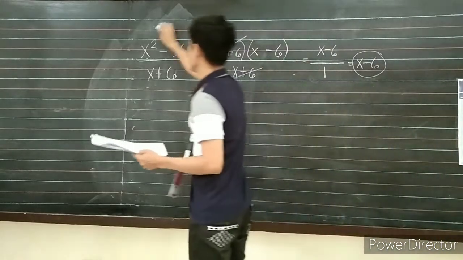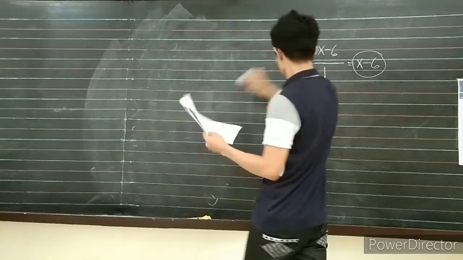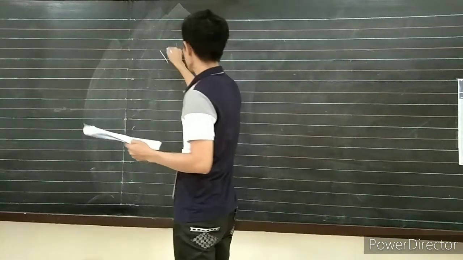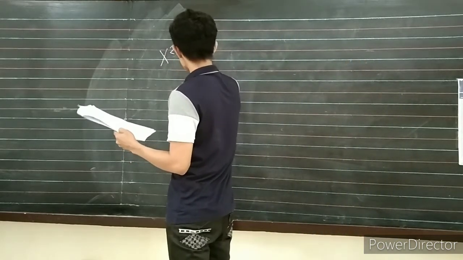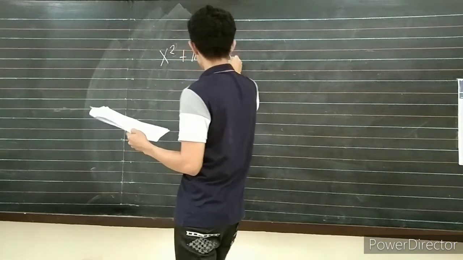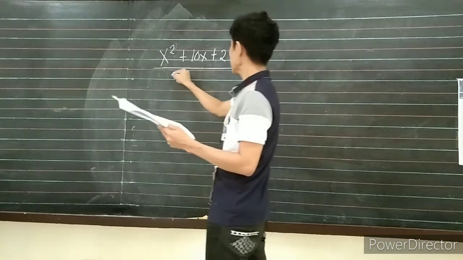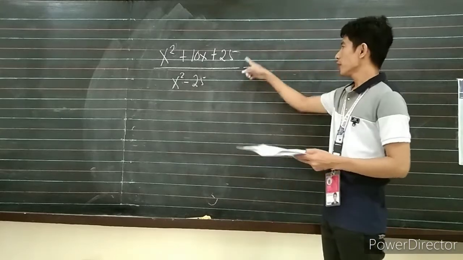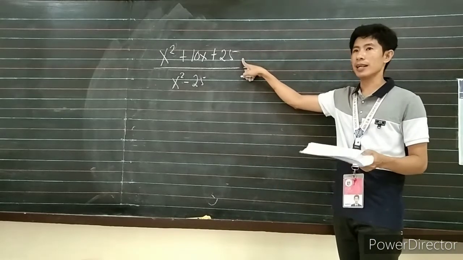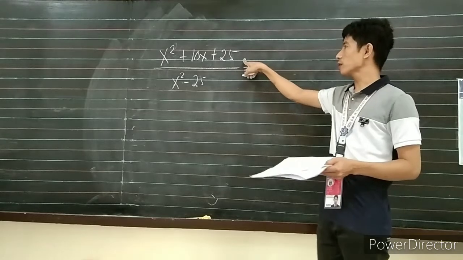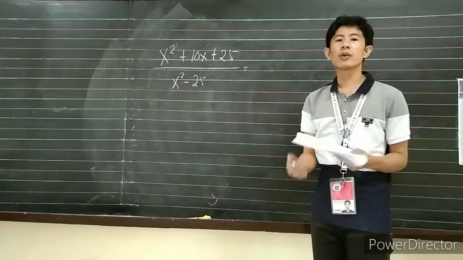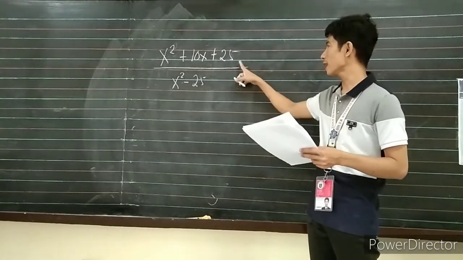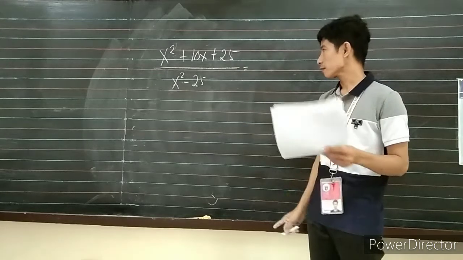Okay, for our example number 2, we have x squared plus 10x plus 25 all over x squared minus 25. The numerator is a trinomial, and in factoring a trinomial, we can use the reverse of the FOIL method or the trial and error method.